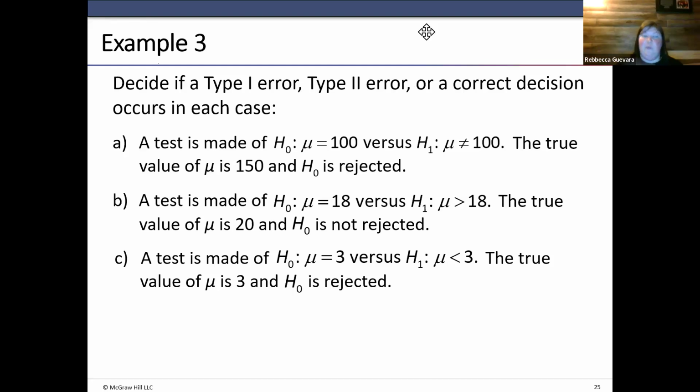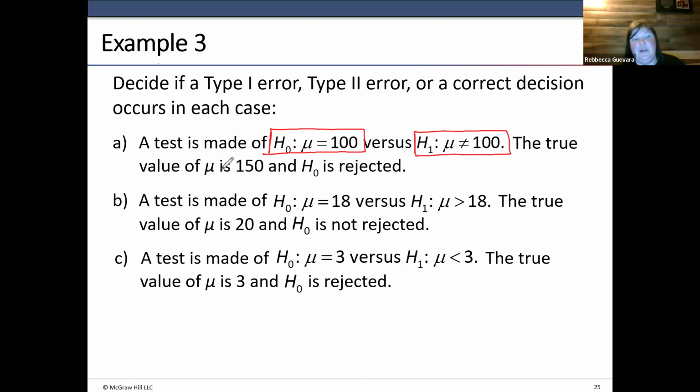All right, go through this one more time. We want to decide if a type 1, type 2, or a correct decision is made in each case. So let's say maybe this is IQ. We have a case where the null hypothesis is claiming the mean is 100. The alternate hypothesis is claiming the mean is anything but 100.